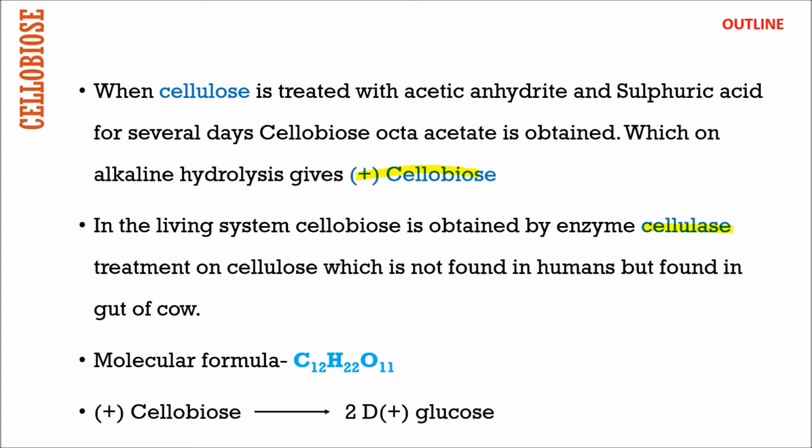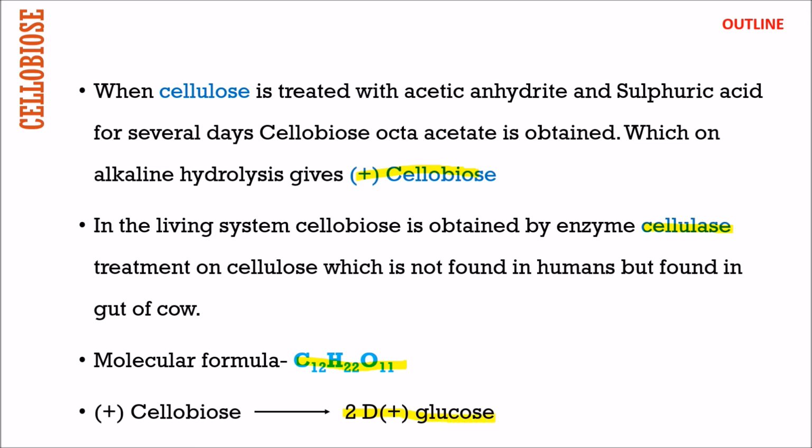Combustion analysis and molecular weight determination data give the molecular formula of cellobiose as C12H22O11. Cellobiose differs from maltose in one respect: it is hydrolyzed by the enzyme emulsin and not by maltase or diastase, giving 2 moles of glucose molecules.